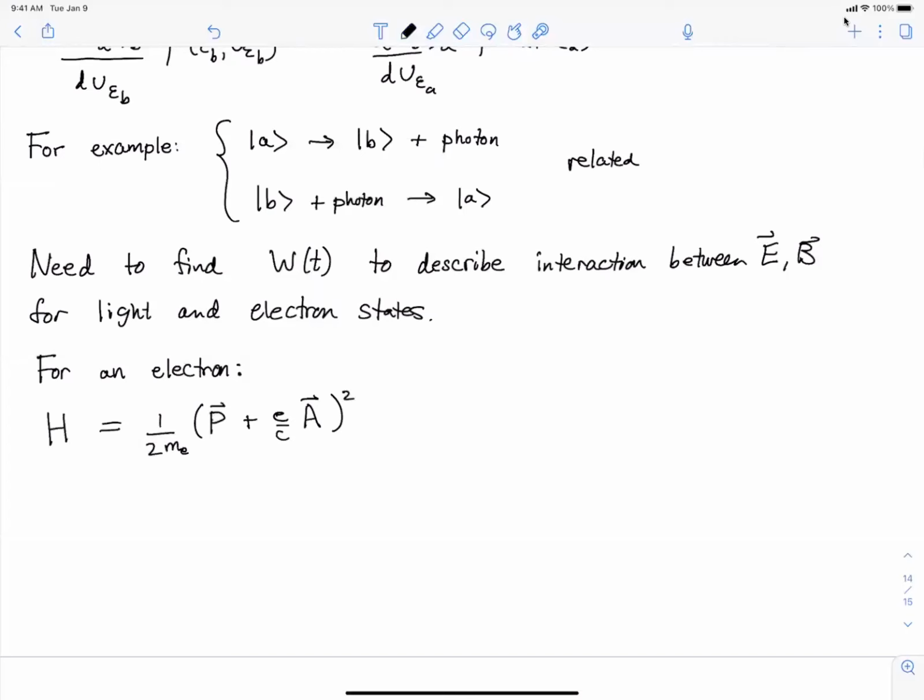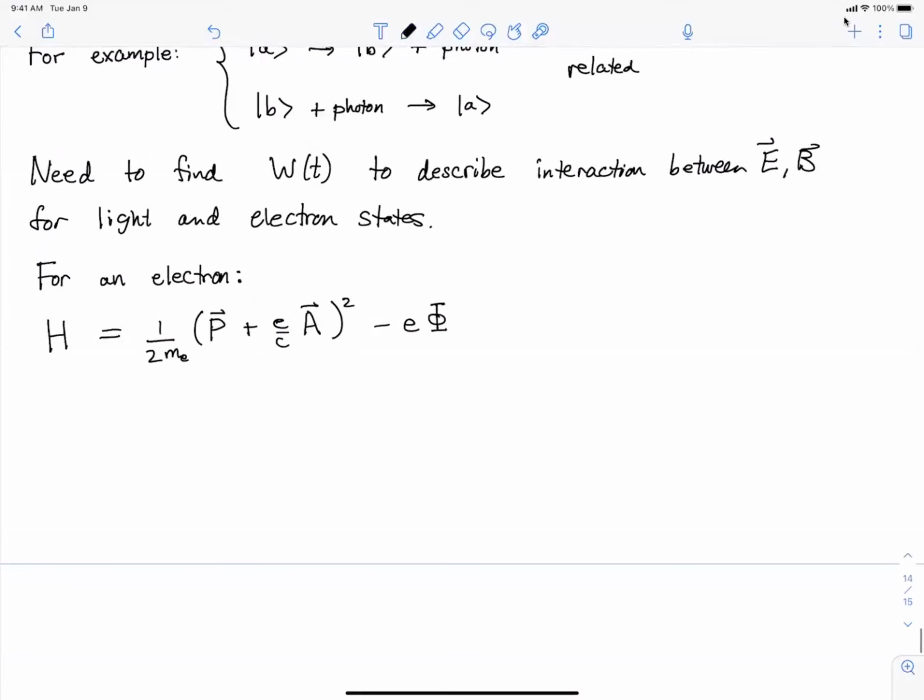We'll remind you what the vector potential is. But then there's also this piece where I have my interaction with the electric potential. So let's label these things. This is the vector potential. This is the electric potential.